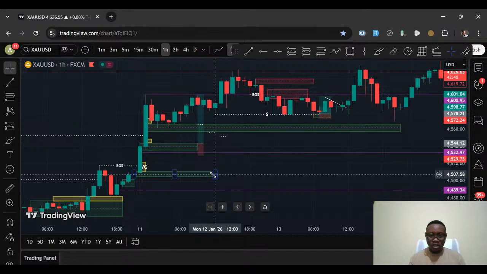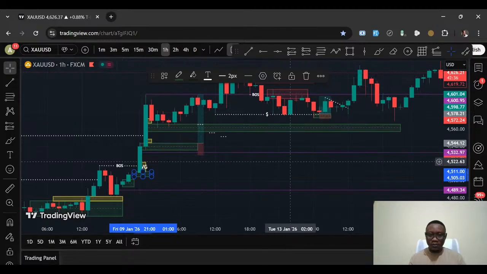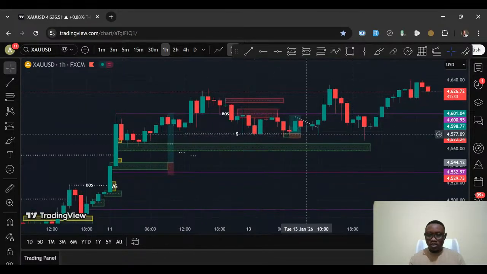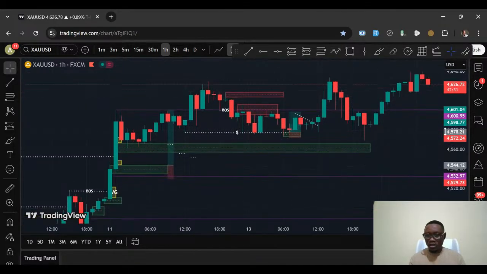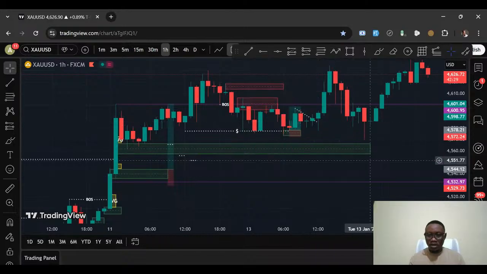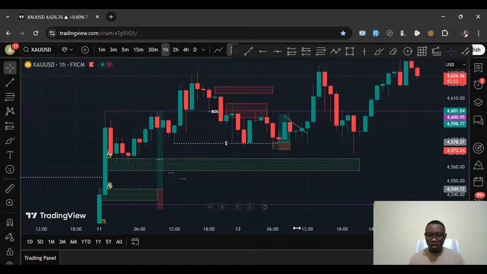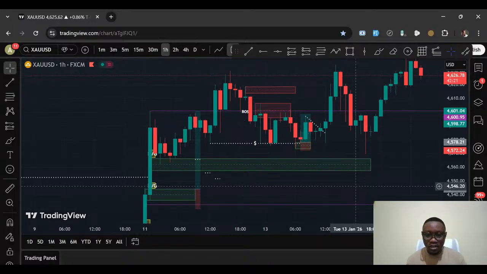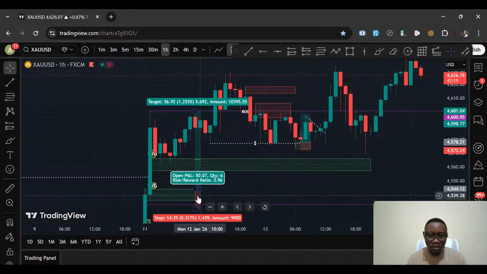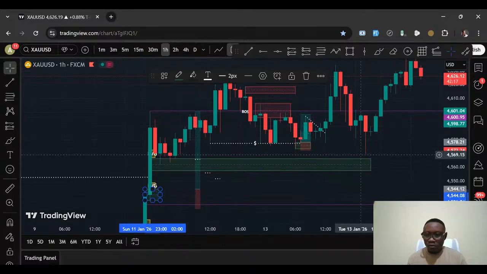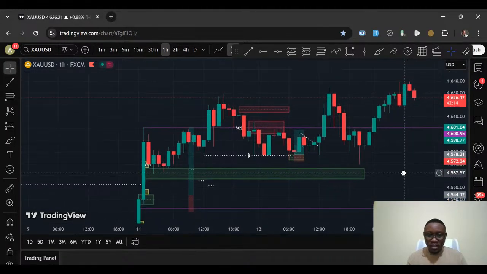Okay, so let's look at the zones that price was able to mitigate. I took this trade yesterday. Let's analyze it briefly before we commence today's chart analysis.